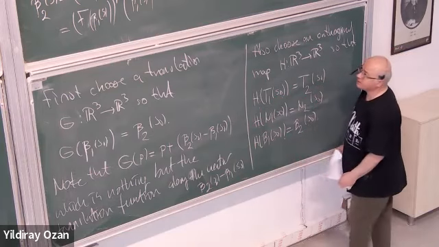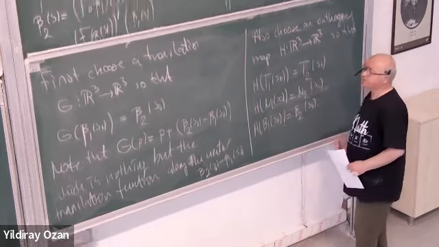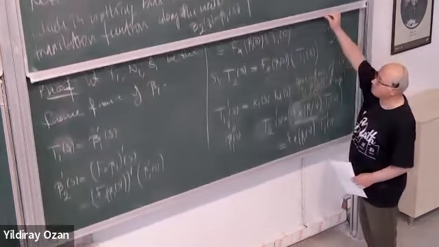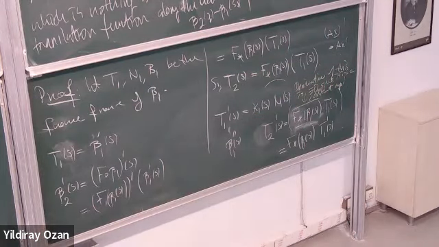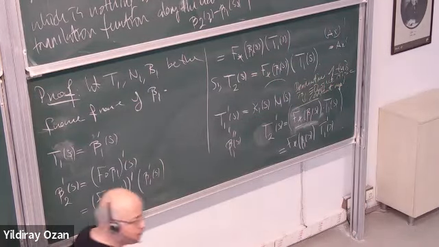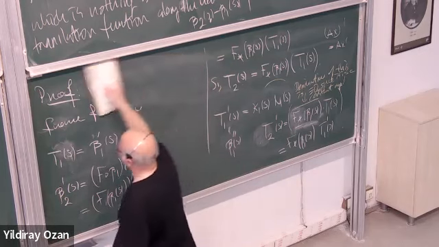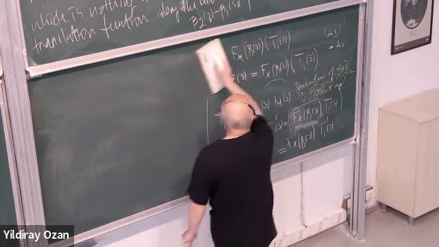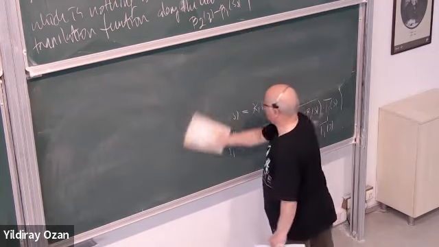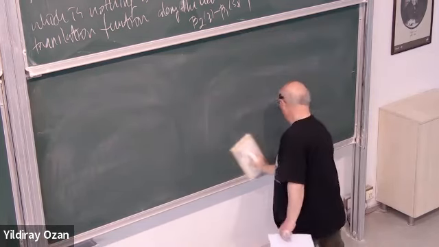So that's the next statement. Such an H automatically is orientation preserving because it maps a positively oriented orthonormal frame onto another one.